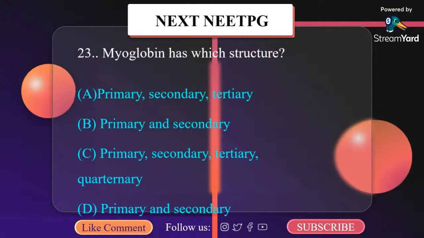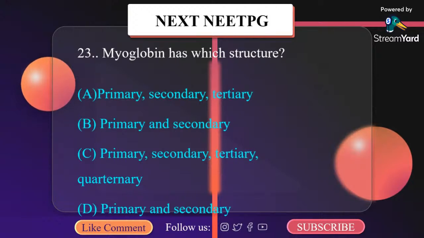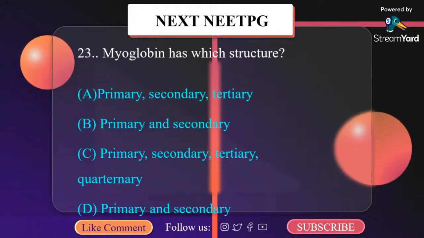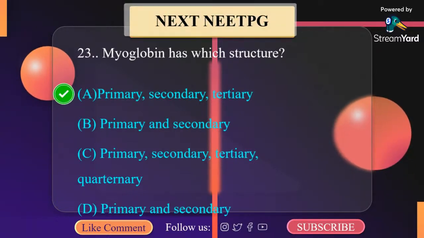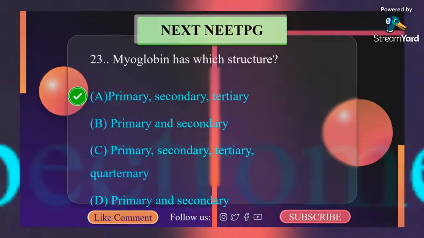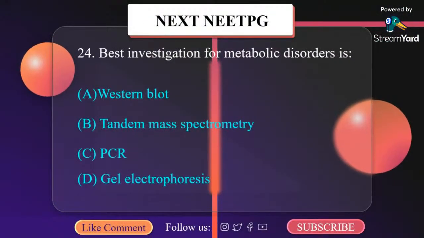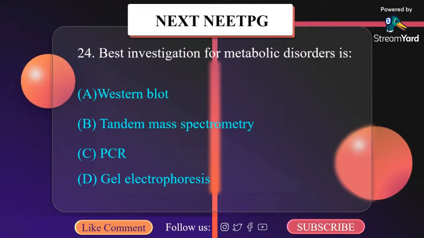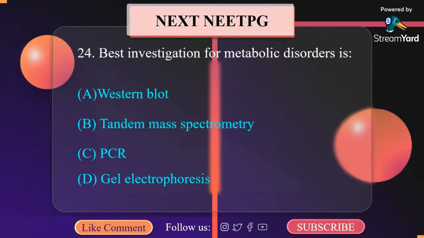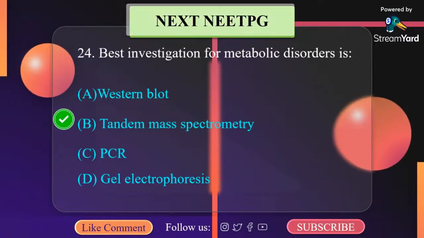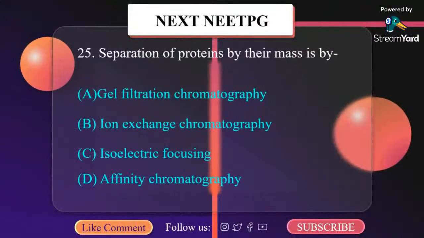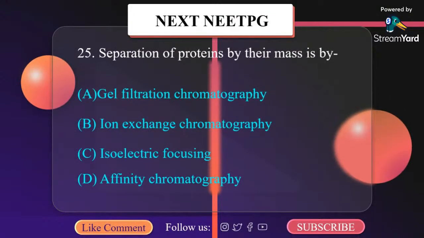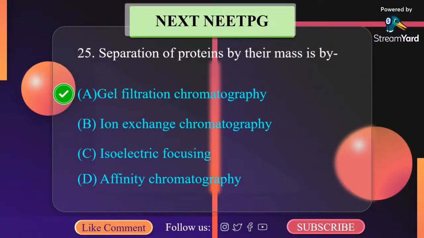It is primary, secondary, and tertiary. The best investigation for metabolic disorders is tandem mass spectrometry. Separation of protein by their mass is done by gel filtration chromatography.